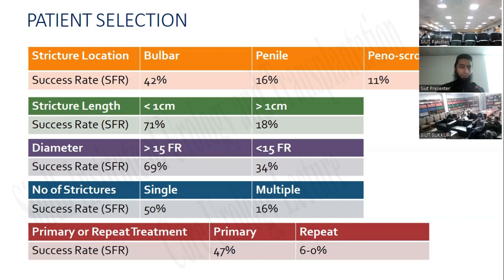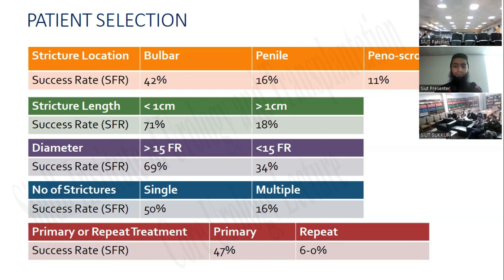If the diameter of the urethra is more than 15 FR, the success rate is 69% in the literature, and less than 15 FR, 34%. And if there is a single stricture, the success rate is about 50%. If there are multiple strictures, the success rate will be near 16%. And the stricture free rate is 47% if it is a primary procedure.